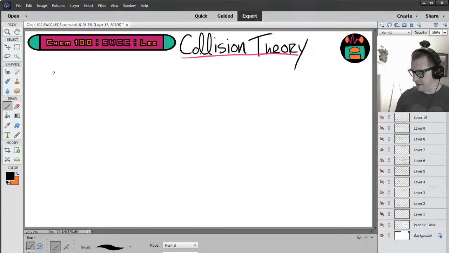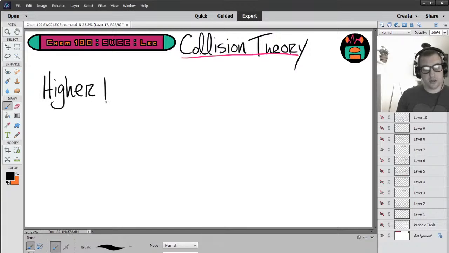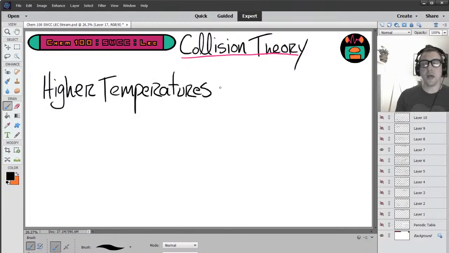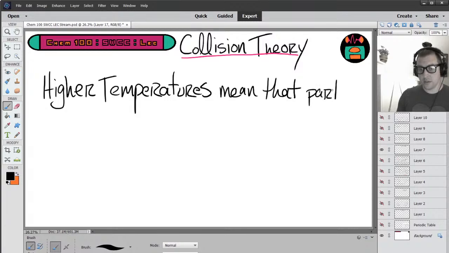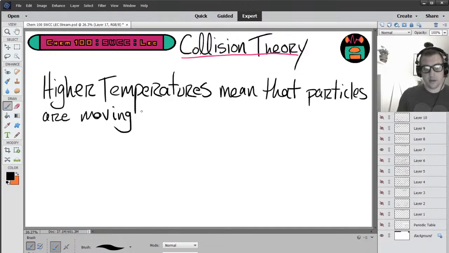So higher temperatures mean that particles are moving faster than they would be at lower temperatures.